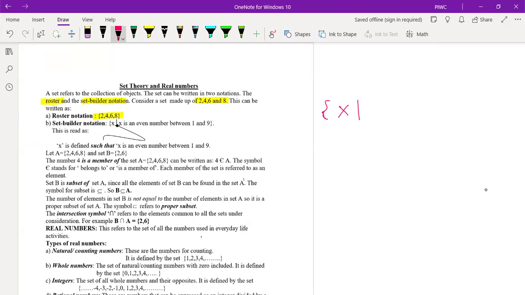Now, if you look at 2, 4, 6, 8, you can say that this is the set of even numbers between 1 and 9, right? Okay, we can define it in that format. So we can say x is an even number between 1 and 9.